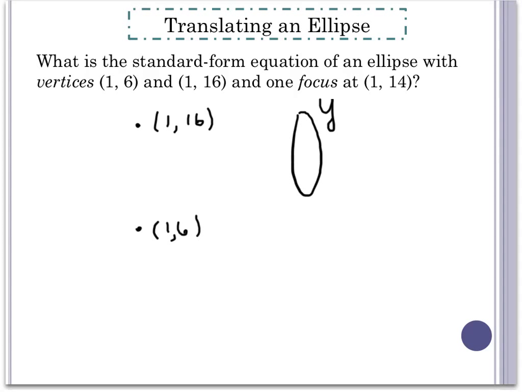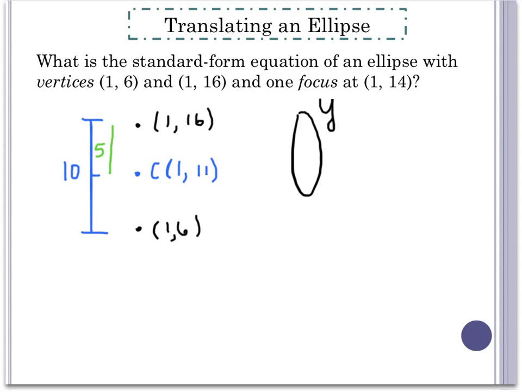So given our vertices at these coordinates, the distance between these 2 points is 10. So our center will be located halfway, which is 5 units. So either counting down 5 or counting up 5, we're going to get our center at 1, 11.